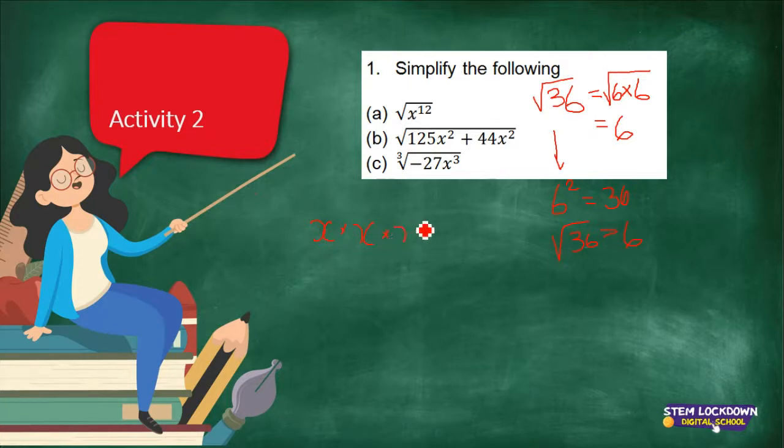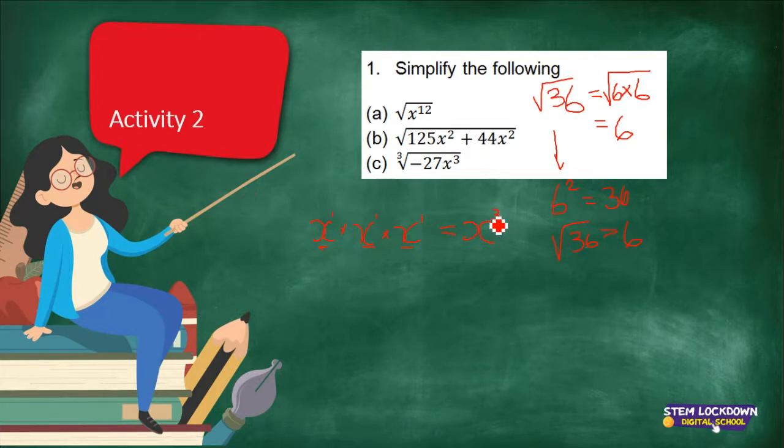According to the laws of exponents, we're adding powers here. So x and x and x, because it is the same, the base will be x. Since you're multiplying, the powers will be added. So 1 plus 1 plus 1, the answer will be 3.